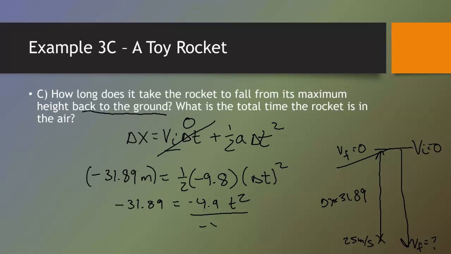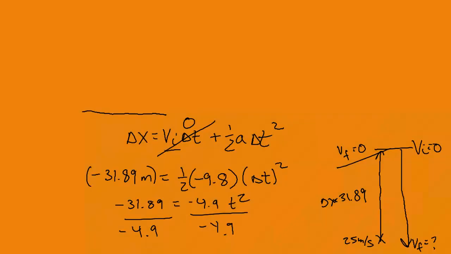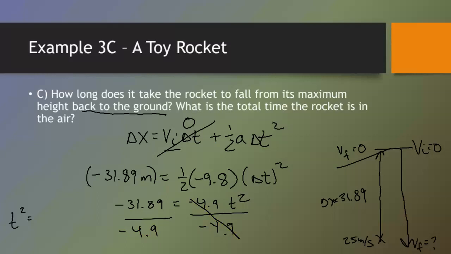If we divide by negative 4.9 on both sides, we get t squared equals, I didn't write that part down, but let's just see what that's going to be real quick. I tried to do most of the calculations before I started recording so that you wouldn't have to listen to me talk while I was working on a calculator. If we take the square root of both sides, you're going to get t equals 2.55 seconds.